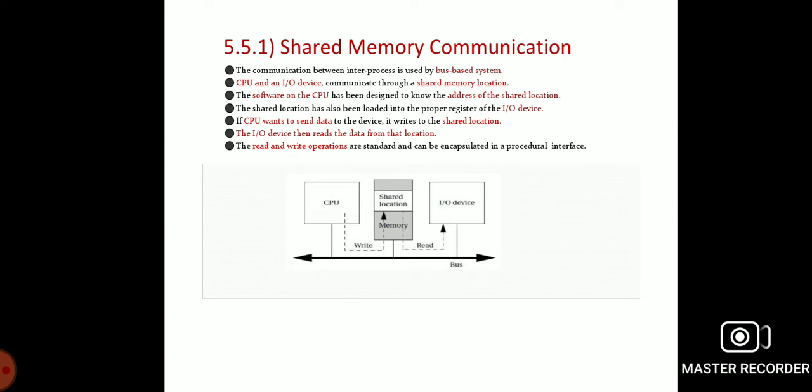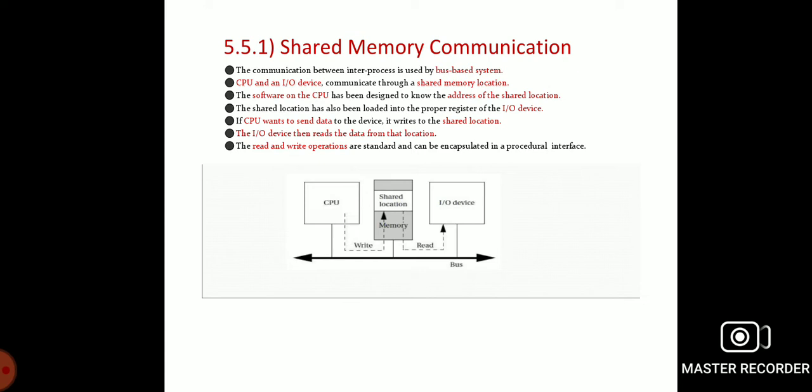So we are using different memory locations in our processor, different registers, different vendors. Each individual location is given an address label to enhance the storage memory management system. The software on the CPU has been designed to know the address of the shared location. It has been loaded into the proper register of the input output device.